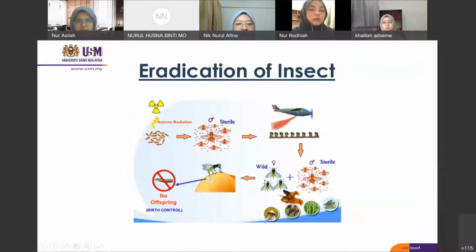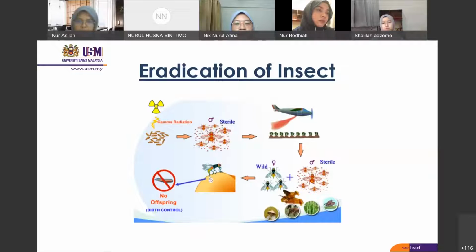The use of ionizing radiation also includes eradication of insects. So why do we need to eliminate these insects? While some insects are important for maintaining the natural ecological balance, others can destroy valuable food crops. Some insects such as mosquitoes and flies are vectors of infectious disease.